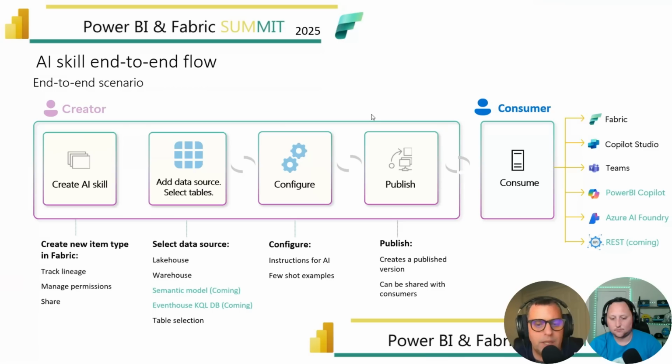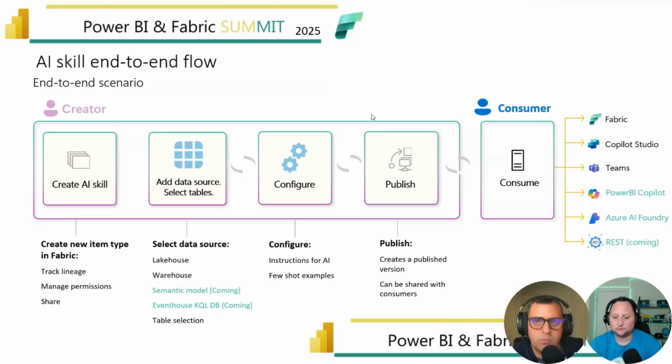We publish the skill, we create a published version of the AI skills, and that version can be shared with consumers. So then, in the end of this layer, the consumers can get the published AI skills and embed that experience within different frameworks. That means you can consume the AI skills directly from a notebook experience in Fabric.